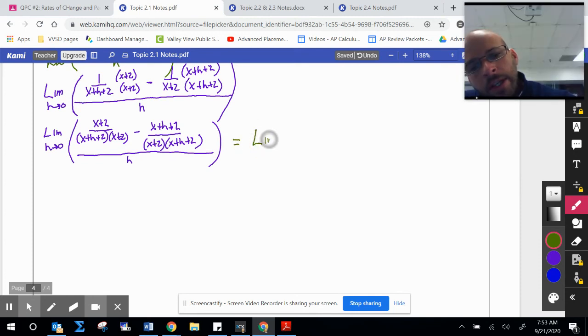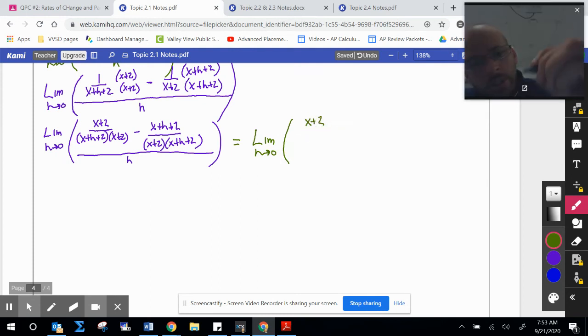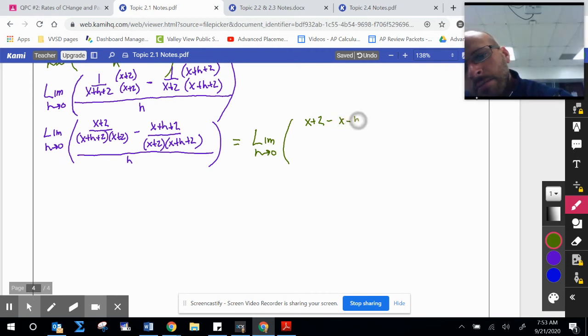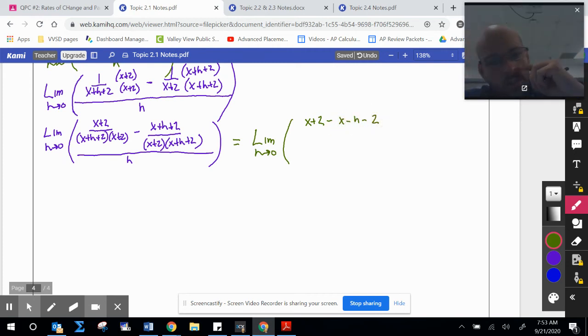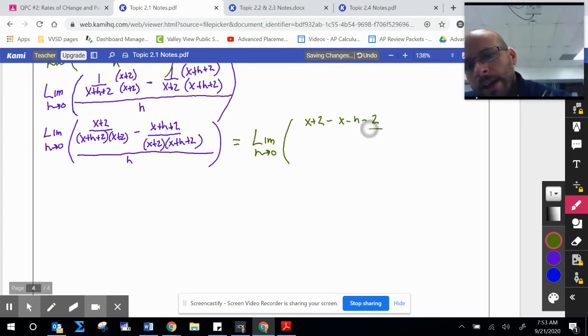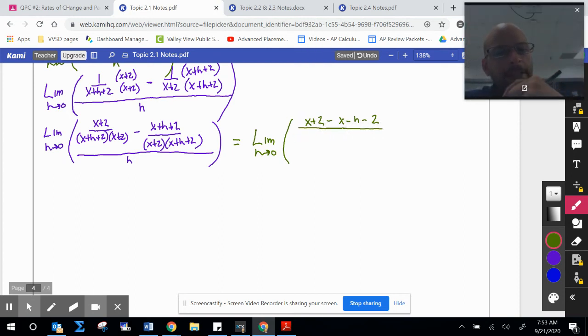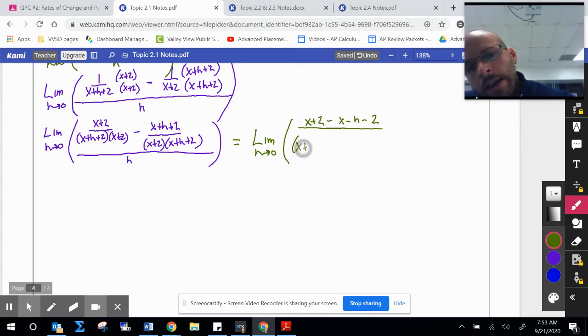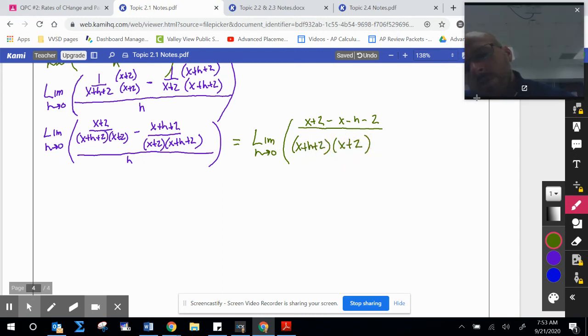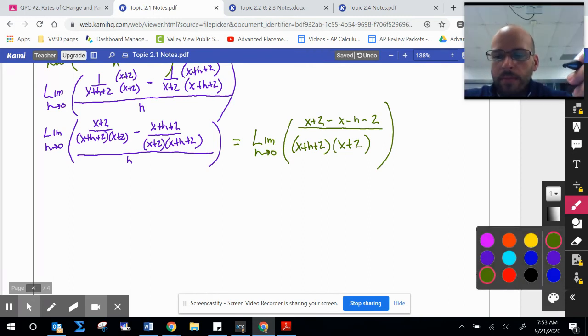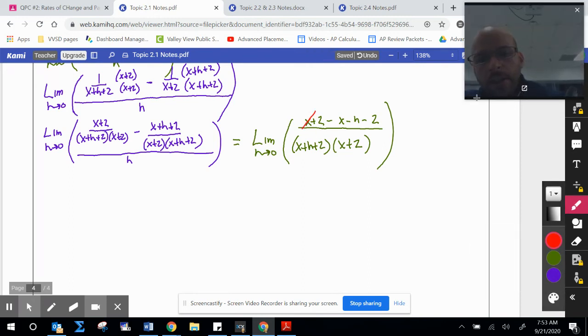So now if I combine these fractions together, I get the limit as h approaches 0 of x plus 2, and I'm going to distribute the negative, minus x minus h minus 2. Again, we're subtracting that fraction, so everything in the numerator gets a negative. X plus h plus 2, x plus 2. The fun part, let's cancel.